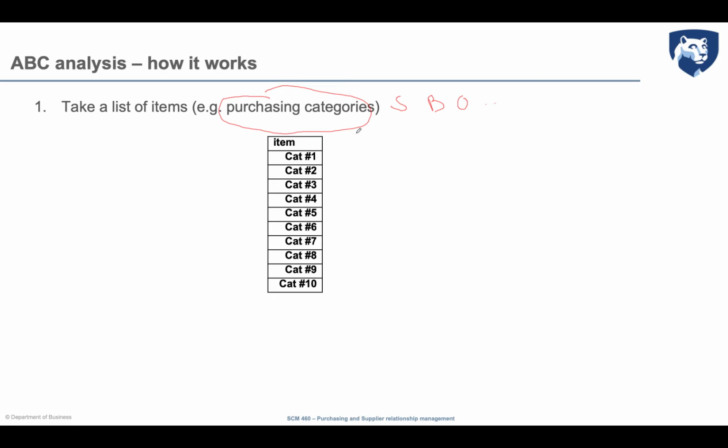We are talking about purchasing, so possible items to be analyzed can be categories, suppliers, buyers, orders, or whatever. Let's take the example with the categories. The first step is listing the categories. In this case, we have an example of 10 categories numbered from 1 to 10.